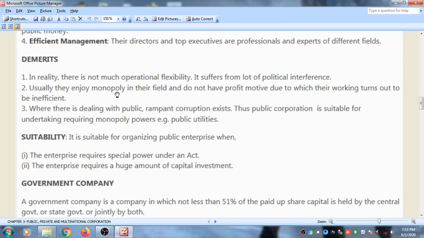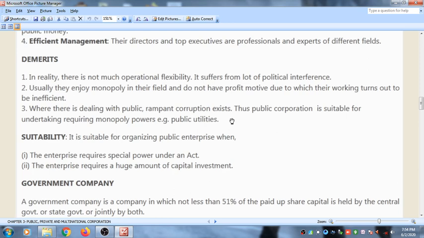Third demerit is where there is dealing with the public, rampant corruption exists. Thus, public corporation is suitable for undertakings requiring monopoly powers, for example, public utilities. So, corruption is rampant in this corporation, as the officials misuse their autonomy and indulge in unfair practices.